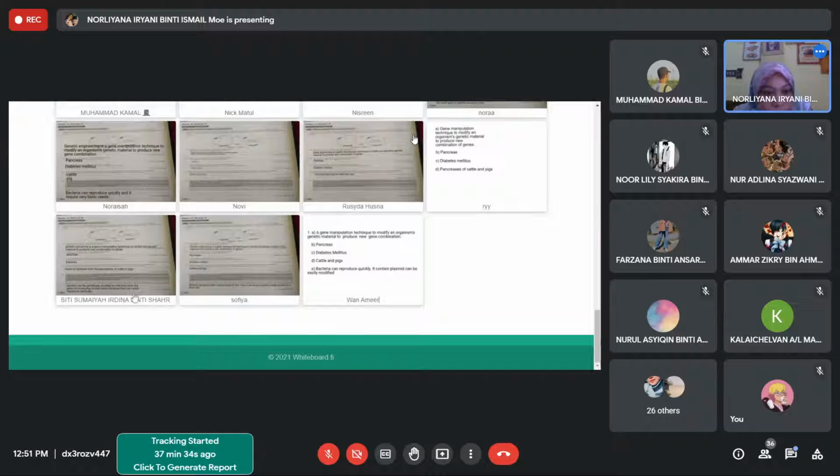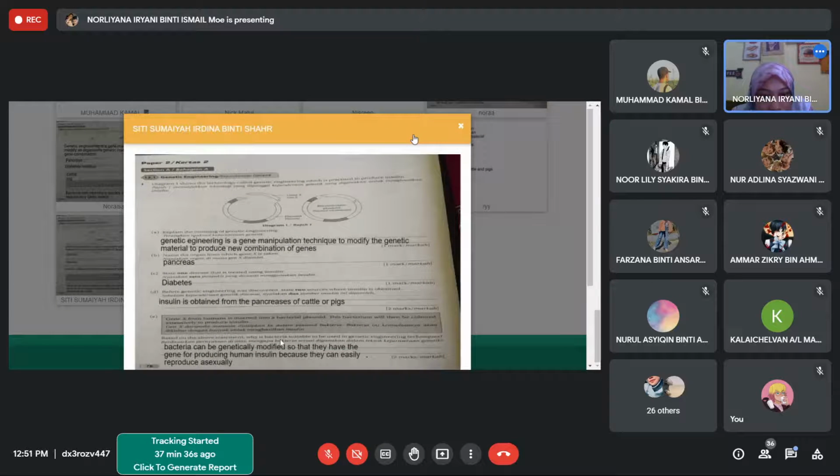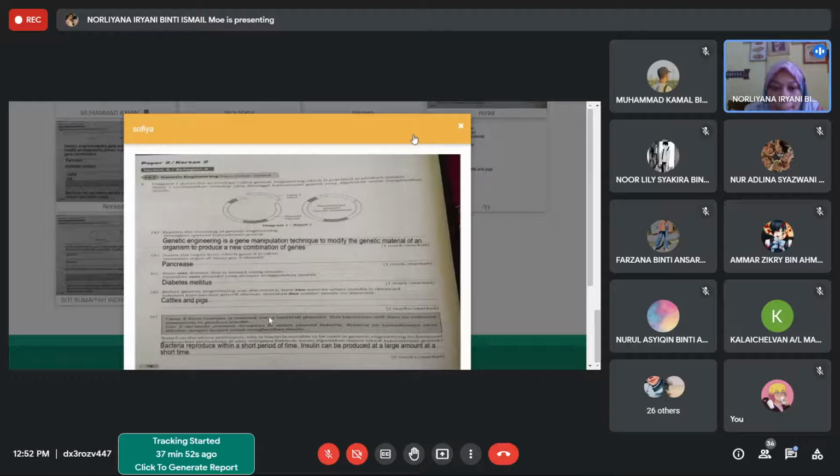Azril, Siti Sumaya: can be genetically modified, they have gene, because they can easily reproduce asexually. Can be genetically modified so that they have the gene. Okay, Siti Sumaya is acceptable too. Sophia: bacteria reproduce within a short period of time, can be produced at a large amount at a short time. Sophia, you get only 1 mark.